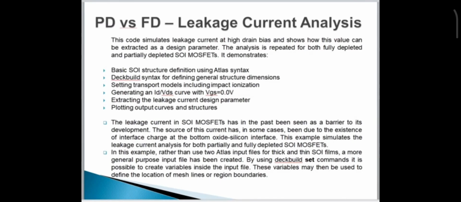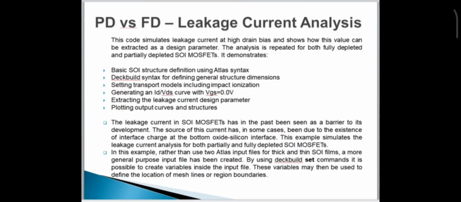Now I will move to the last code, partially depleted versus fully depleted leakage current analysis. Or we can say the comparison between the partially depleted and the fully depleted on the basis of leakage current. This code simulates leakage current at high drain bias and shows how this value can be extracted as a design parameter. The analysis is repeated for both fully depleted and partially depleted SOI MOSFET.